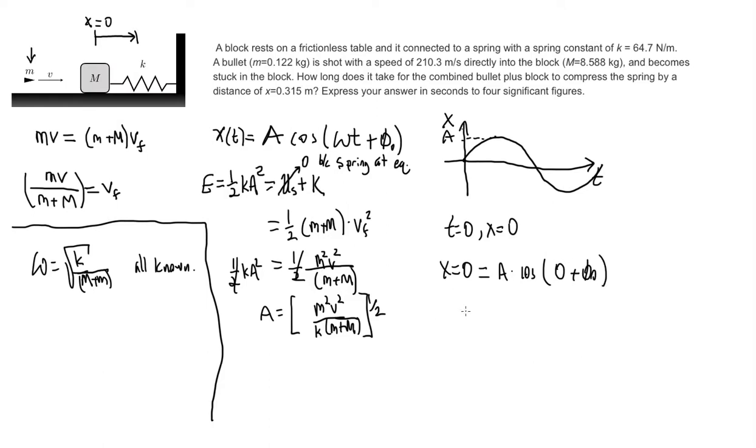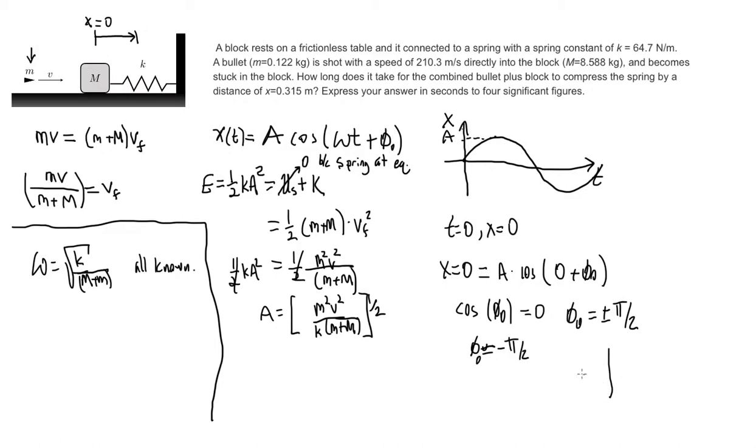And so then I can divide by A, and I get the equation that cos phi naught is equal to 0. And that's true for phi naught equal plus or minus pi over 2. Now we're going to pick phi naught equals minus pi over 2. And that's true because if I pick phi naught equals plus pi over 2, that corresponds to the point when the velocity is going downward.